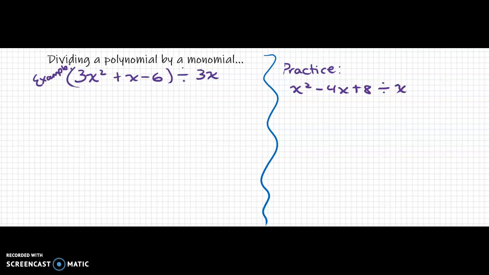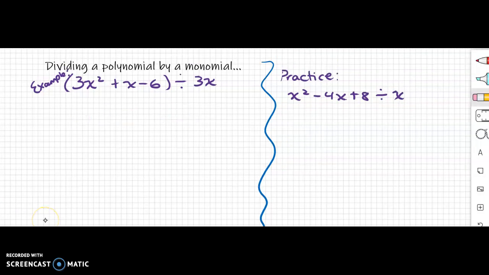All right, the first type of problem that we're going to do is we're going to divide a polynomial by a monomial. So as an example, this is our polynomial, and we're going to divide it by the monomial. So in this case, when I just have a monomial, I know that I need to divide every term, and I'm using term correctly this time because they're being added and subtracted.